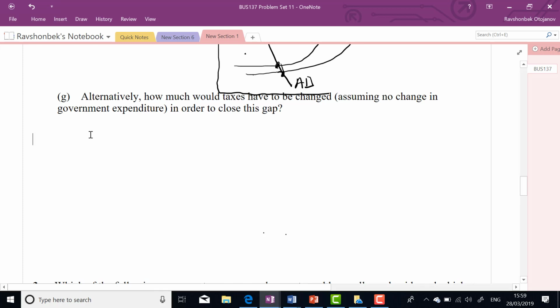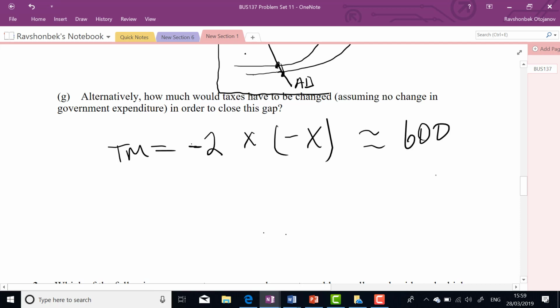So what was the tax multiplier? Minus 2. So if the tax multiplier is minus 2, we need to multiply it by minus x. That gives us 600. Minus 300.